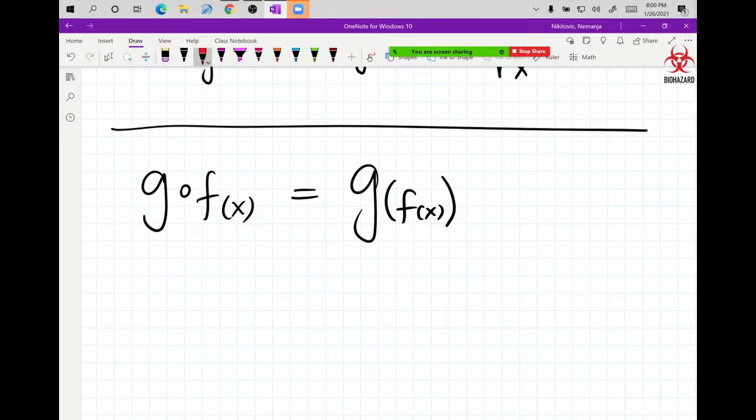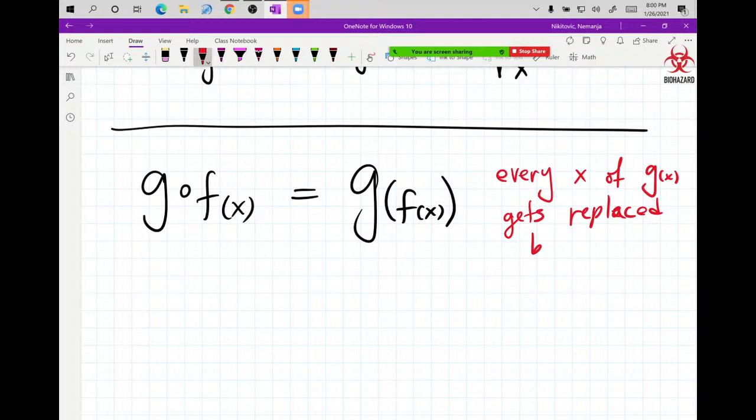So over here, we're going to say every x of g gets replaced by f of x. So if I say f of x equals, again, 3x.